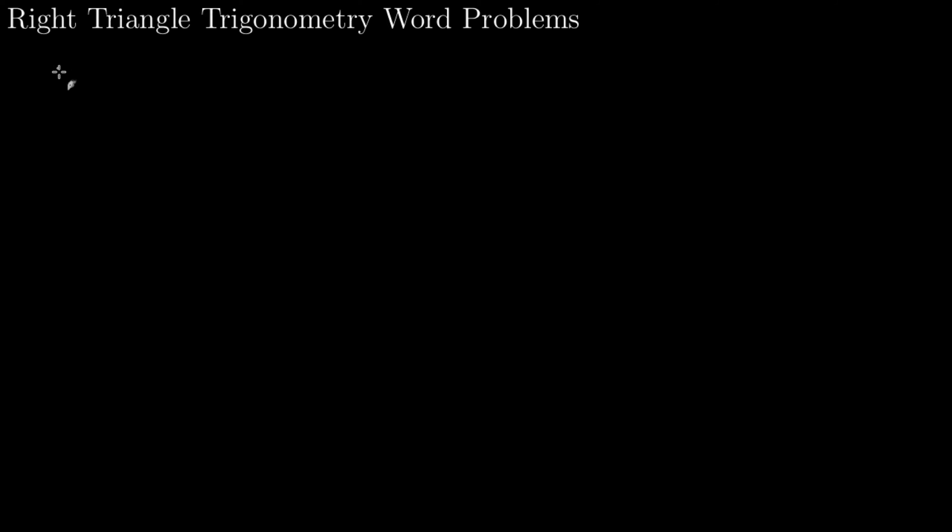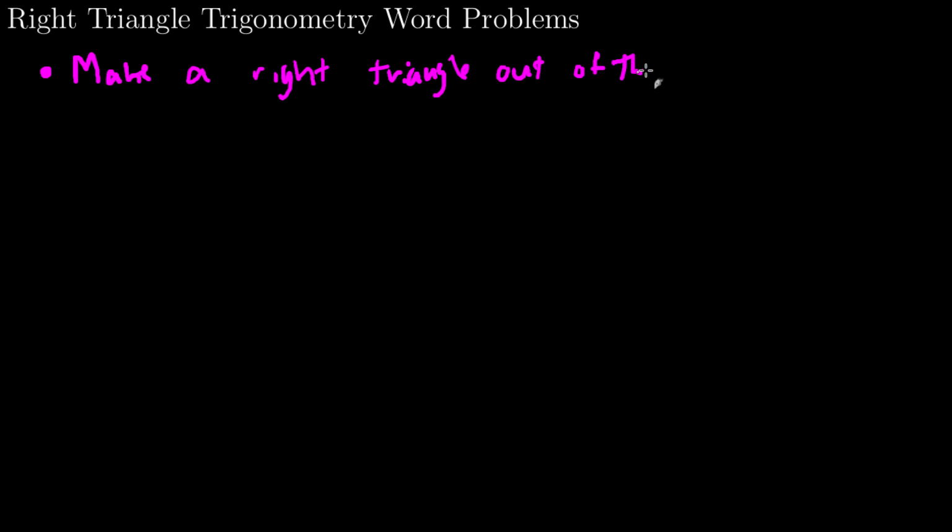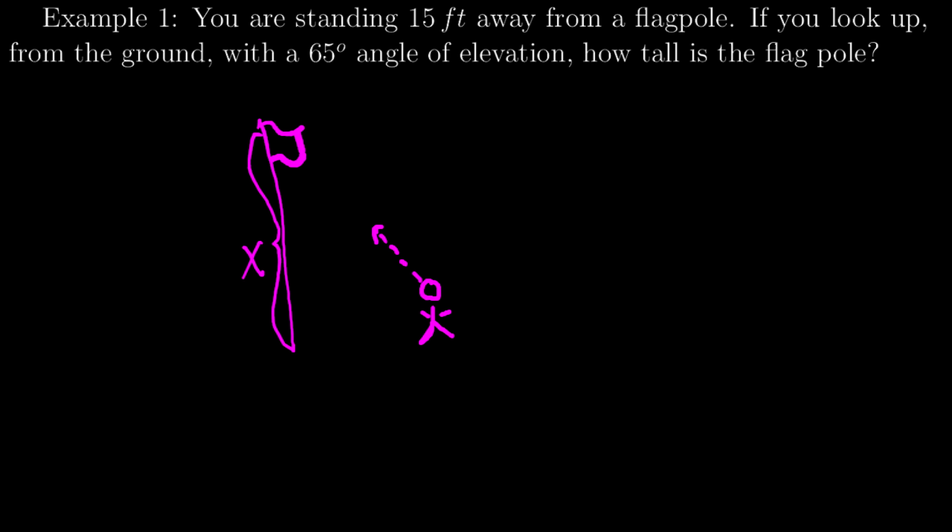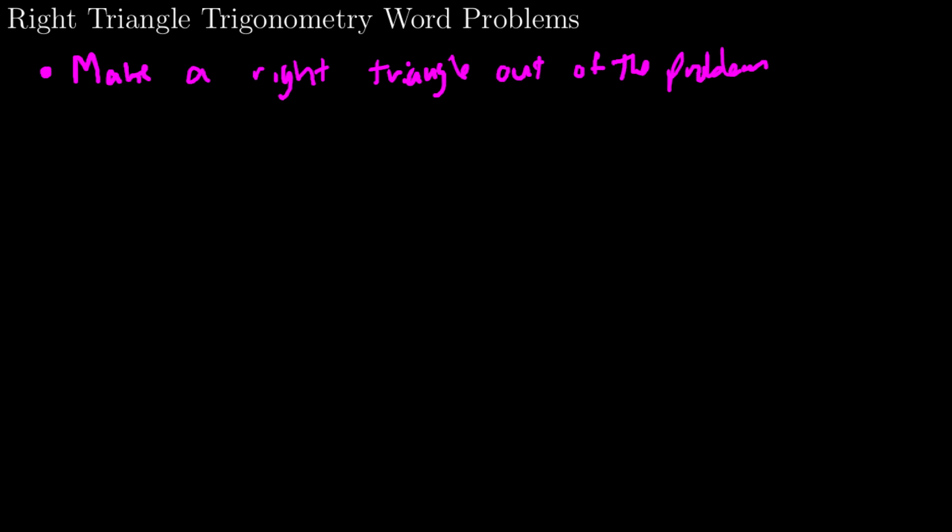The idea is that I want to try to make a right triangle out of the problem. In this example, I don't have a right triangle yet. I have a flagpole, I have a person who's shooting beams out of his or her eyes, I have a variable, but I don't have the triangle yet.